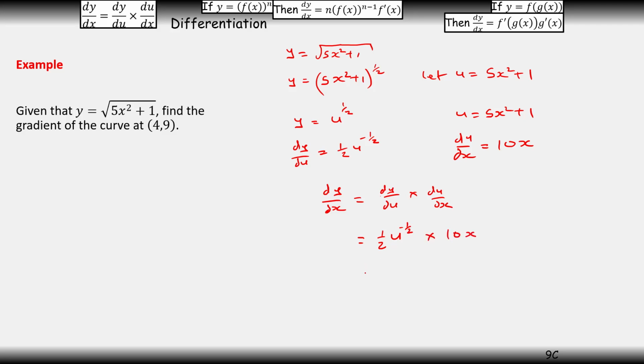So sub back for u, which is 5x squared plus 1, so that's going to be a half times (5x squared plus 1) to the power of minus a half, now times 10x.